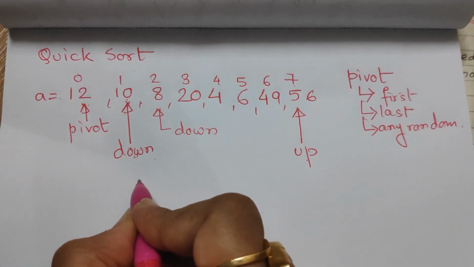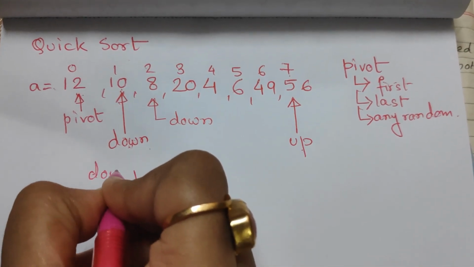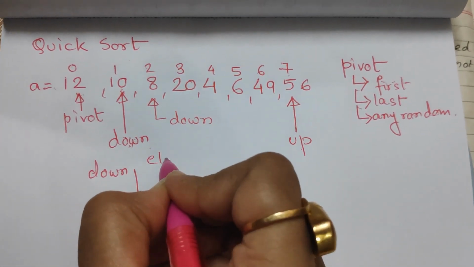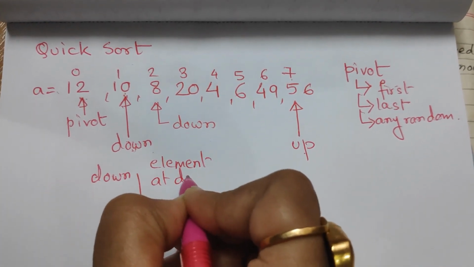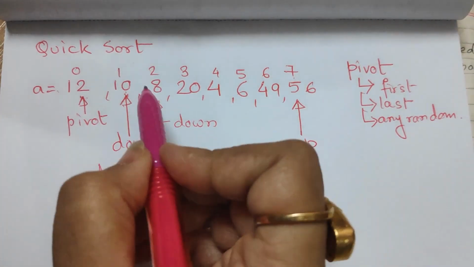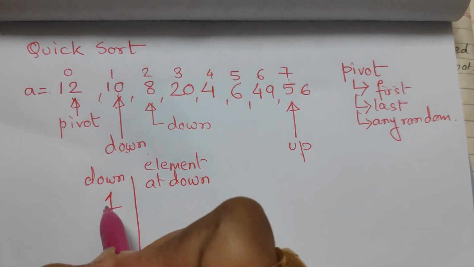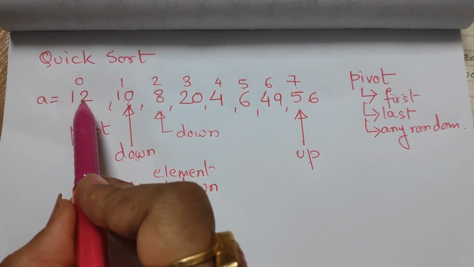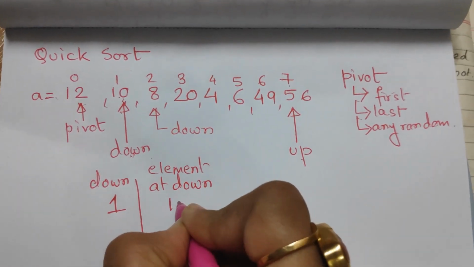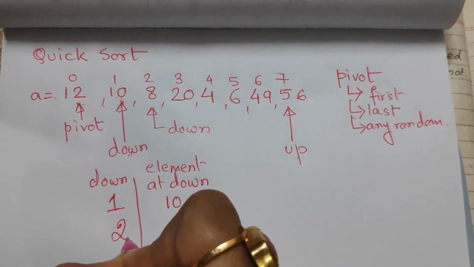So let us write down over here the value of down and the element at down. You see, we start the down from 1. At the first index, the value was 10, which is lesser than 12. So we increased the value of down to 2.